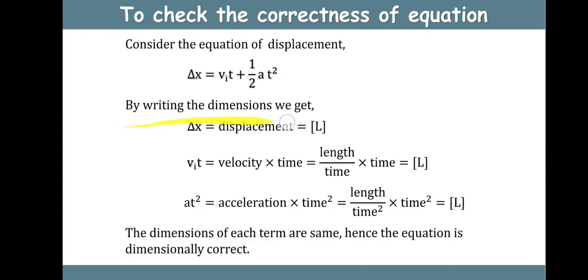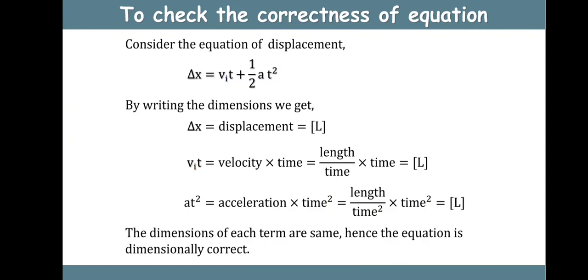By writing the dimensions, displacement is always measured in length, so we use the L dimension for displacement. Velocity into time: velocity is displacement upon time, displacement is measured in length, so the time and time cancel out each other. So we get only L for this v_i t.